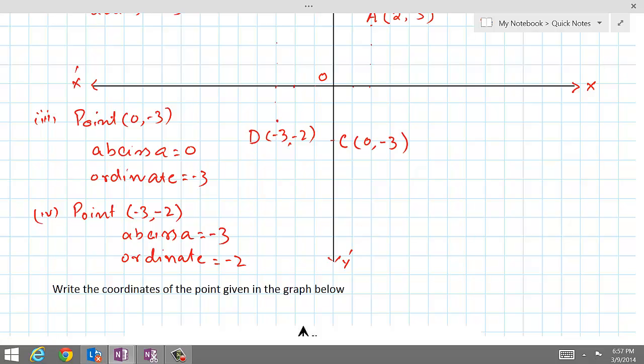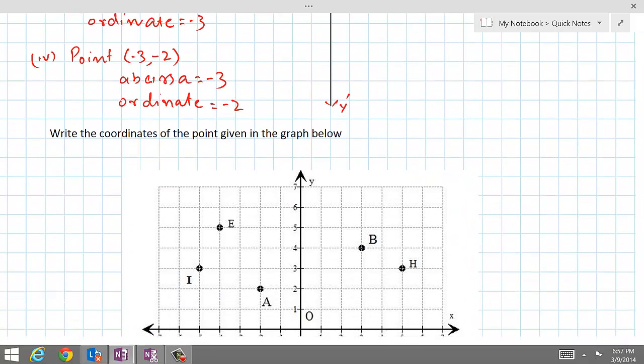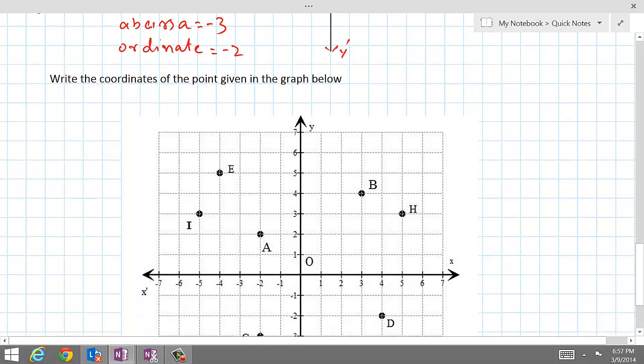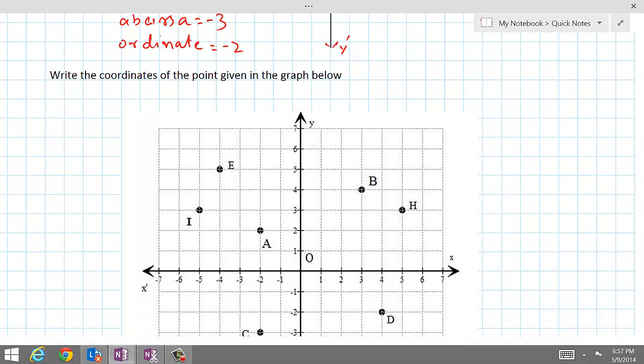So let's get to the next question: write the coordinates of the points given in the graph below. Here we have points A, B, C and D. Let's start with point A. If point A is to the left of the y-axis, obviously its abscissa is going to have a negative value.